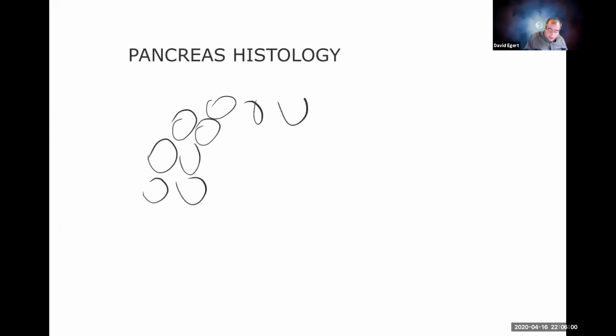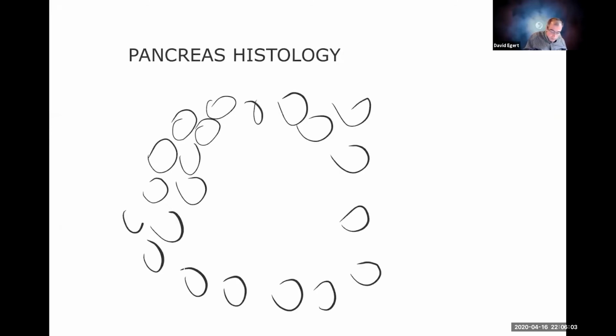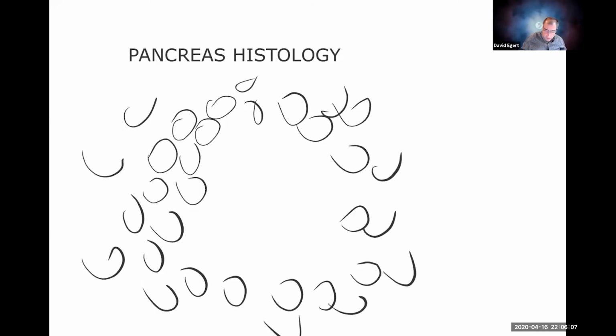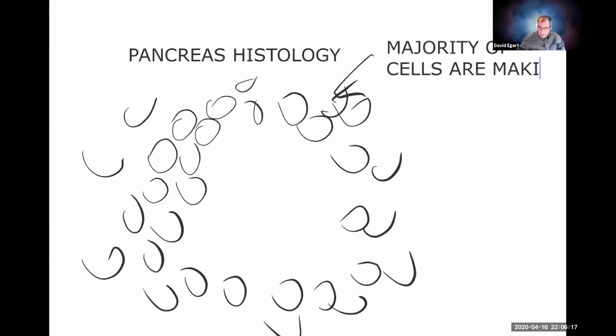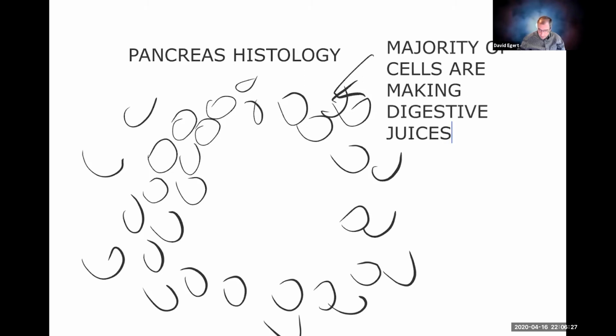Histologically, we can talk very briefly. Most of the pancreas are the cells that are making the digestive juices. So most of them are making digestive juices.